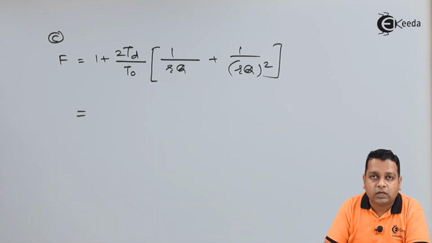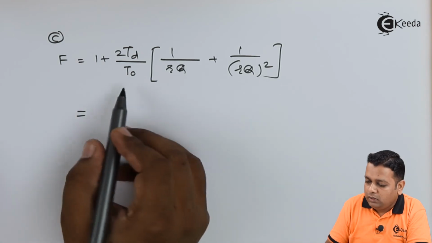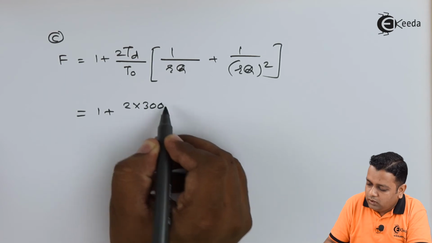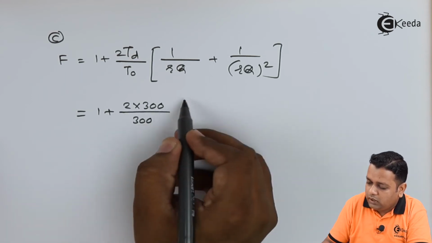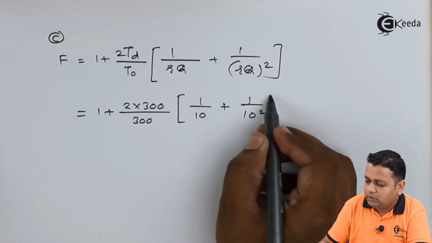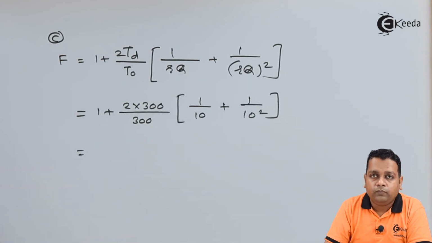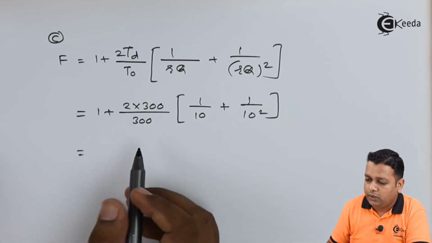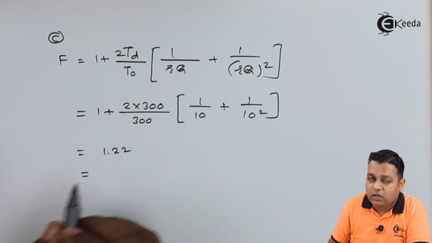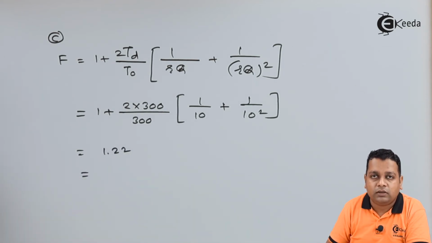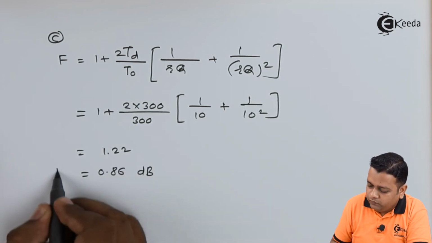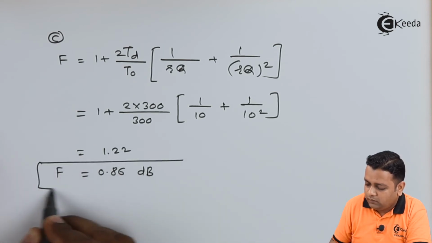Substituting all the available values, we get 1 added with 2 into 300 divided by 300, in the bracket 1 upon 10 added with 1 upon 10 squared. So computing the value of F, we obtain 1.22, which converted into decibels is 0.86 decibels. This is the required value of F.